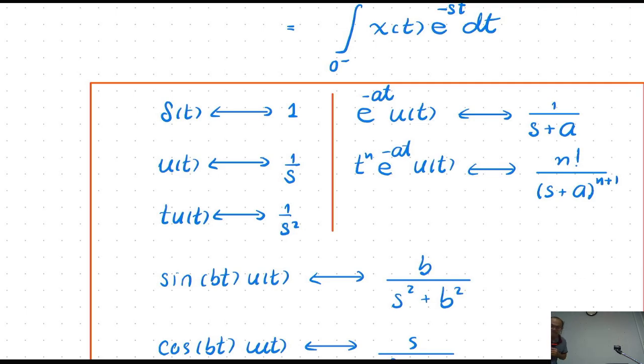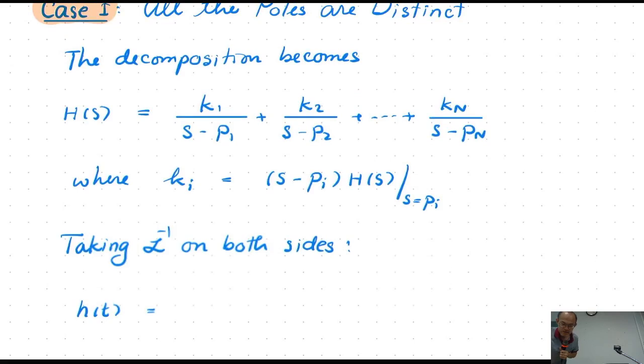And then, this is 1 over s minus p1. So the inverse Laplace transform will be e to the p1 t u(t), right? So the first term, the inverse Laplace transform, is k1 e to the p1 t u(t), right?